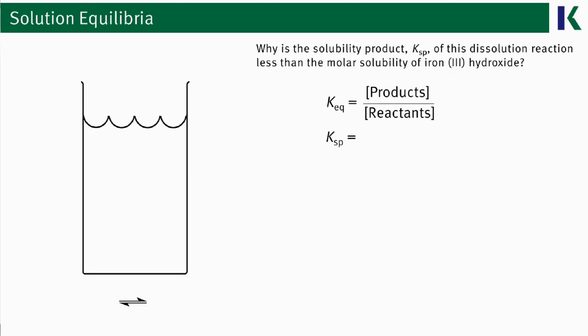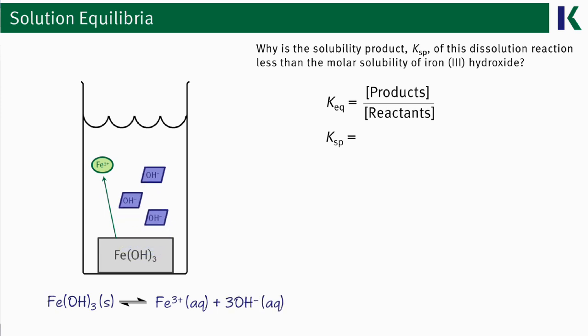The problem stated that the solid that we were dissolving was iron 3 hydroxide. You would expect this to dissociate into two ion types, iron ions and hydroxide ions. If one iron 3 hydroxide molecule dissociated, how many daughter ions would dissolve? It would dissociate into one iron 3 plus ion and 3 hydroxide ions.